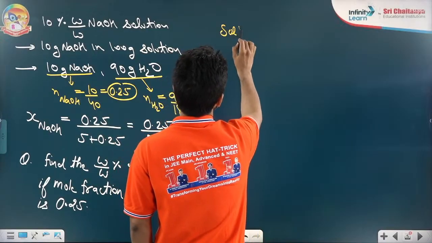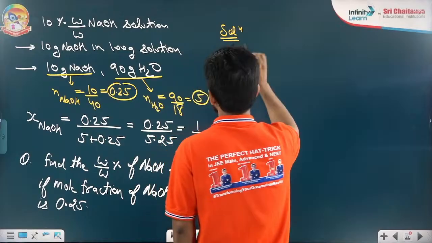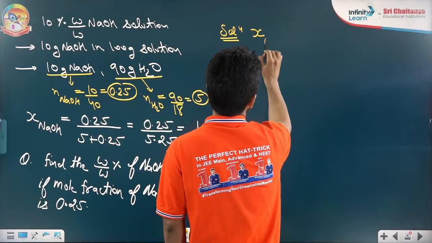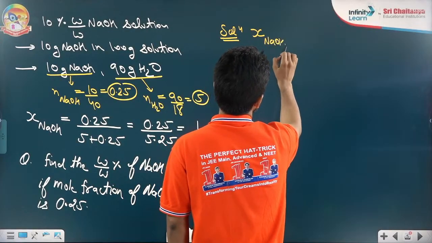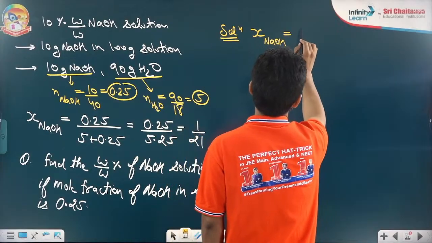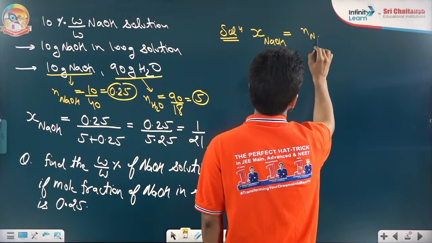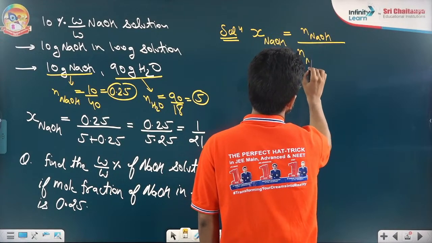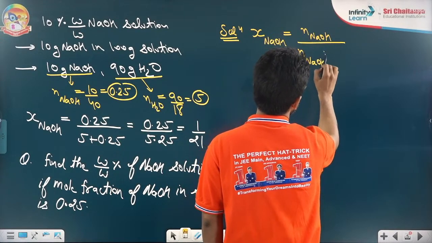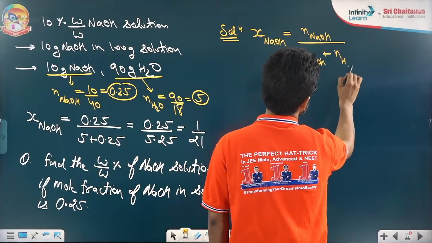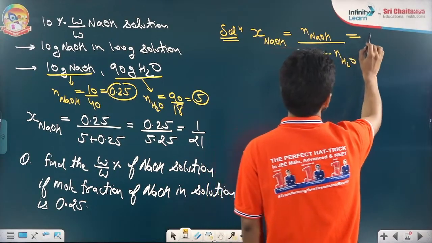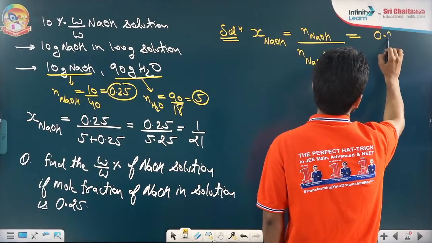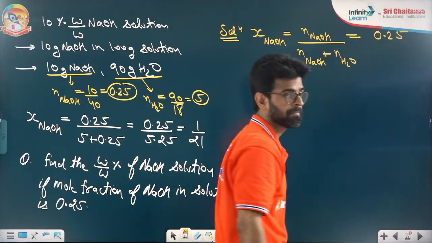The question is, mole fraction is given. Mole fraction of NaOH, they gave us. What is the mole fraction? It means moles of NaOH divided by total moles. That means moles of NaOH plus moles of water. This is given as 0.25.